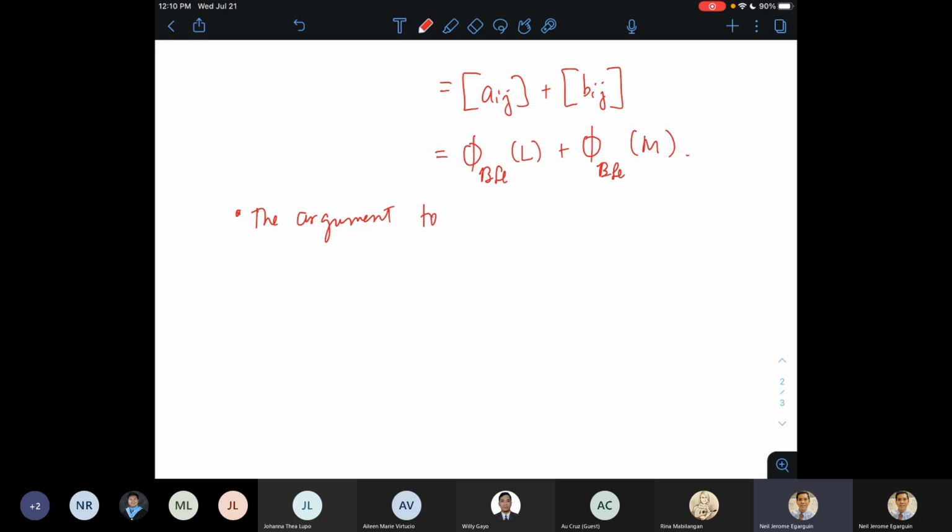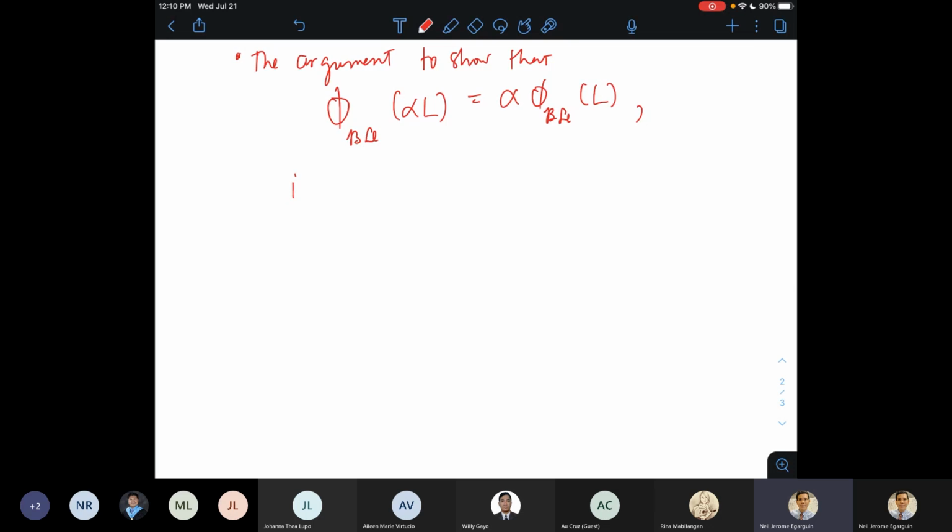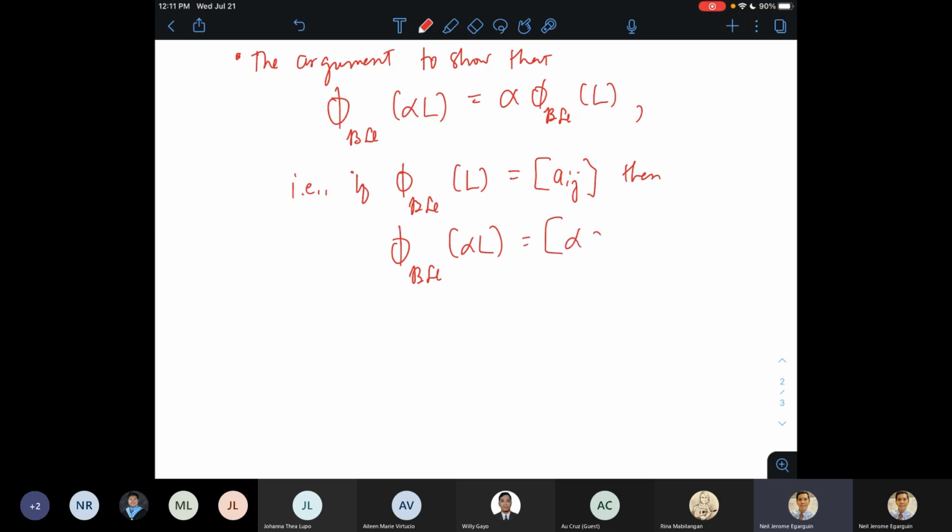But the argument to show that phi of alpha L is equal to alpha phi of L, or in other words, if phi of L is equal to the matrix Aij, then what you want to show is that phi of alpha L is equal to alpha Aij.